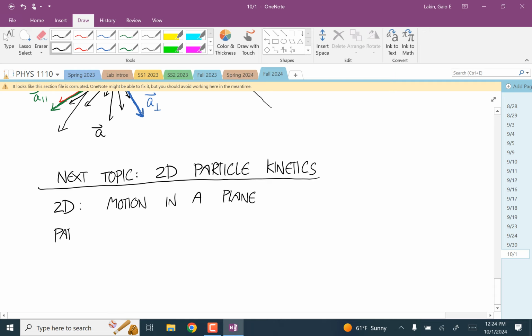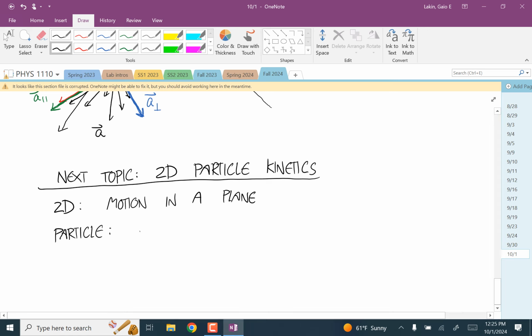Particle, who remembers what particle means? This has already been a quiz question, and I'm sure it's going to be a quiz question again at some point. So remember these, and it's free points. What's a particle? It has mass, but it doesn't have a certain size. Yes, exactly.